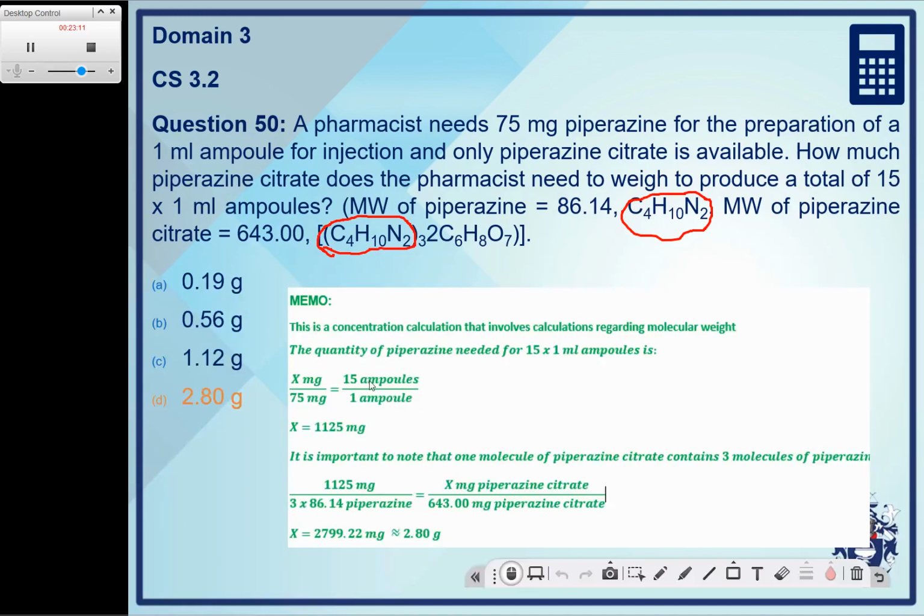You need to prepare 15 ampules, so therefore we need in total 1,125 milligrams of piperazine base. However, as I've mentioned, you need to consider that for each 1 molecule of piperazine citrate, there are 3 molecules of piperazine. That needs to be used in your calculation. So let's start off.